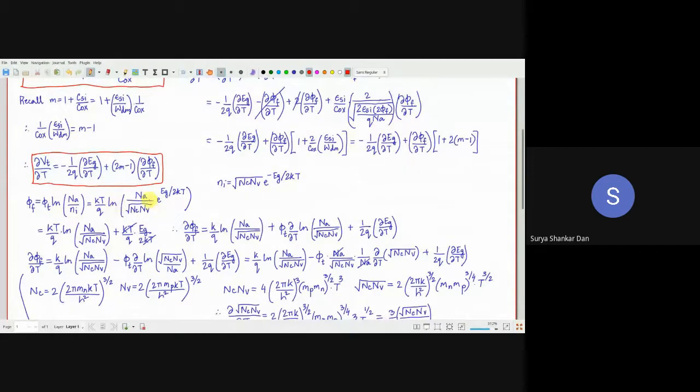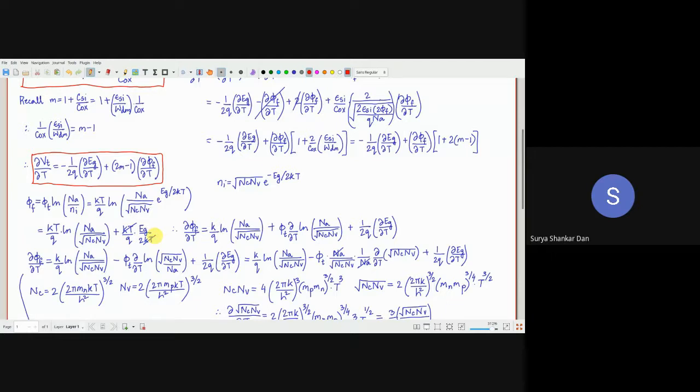This is a product that becomes a sum. So this is kT by q, that is phi t ln Na by root over NcNv plus kT by q, ln of this factor e to the power of Eg by 2kT. So that is simply Eg by 2kT. Got it? So plus kT by q times Eg by 2kT.